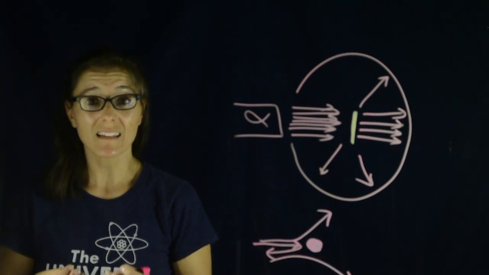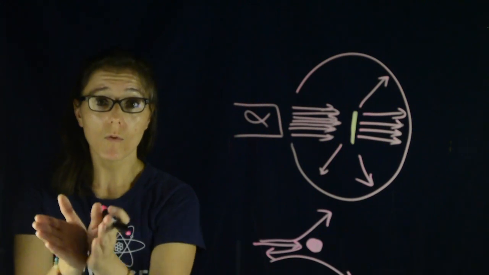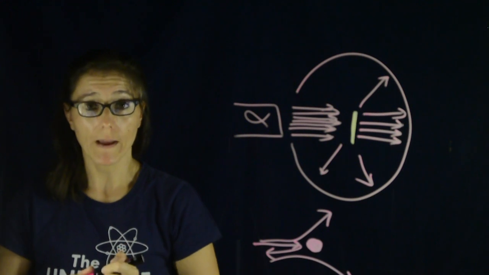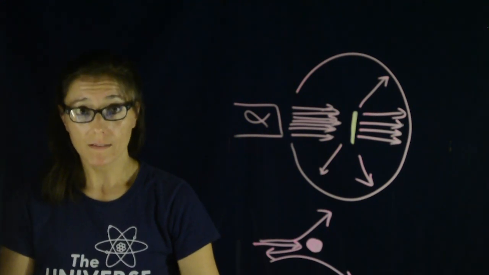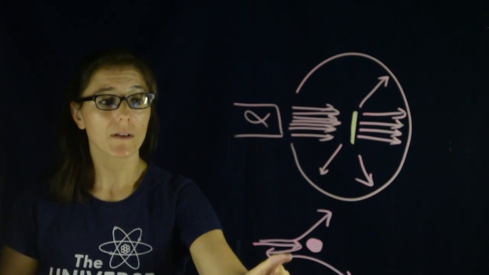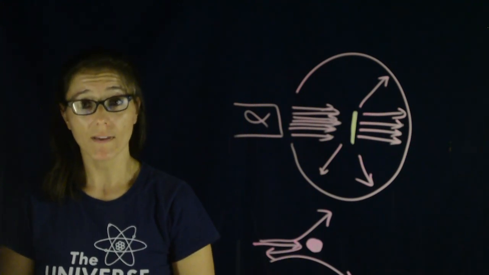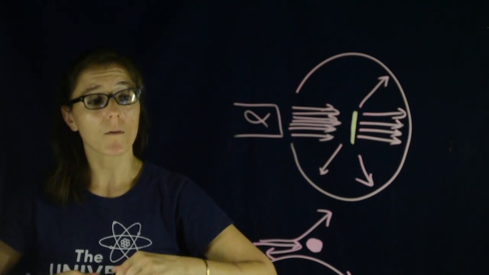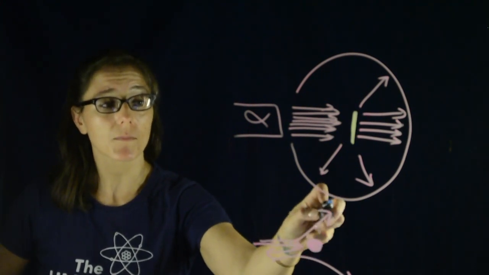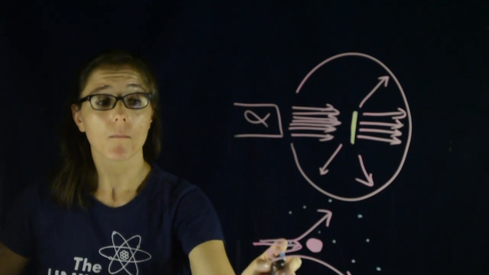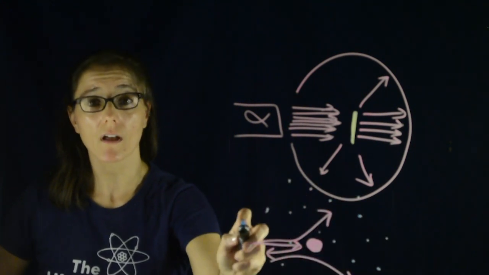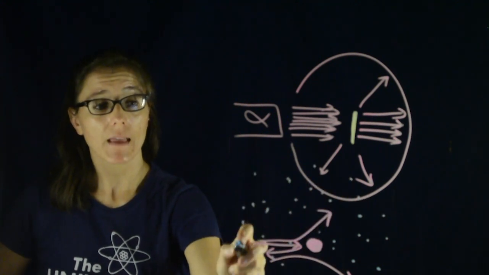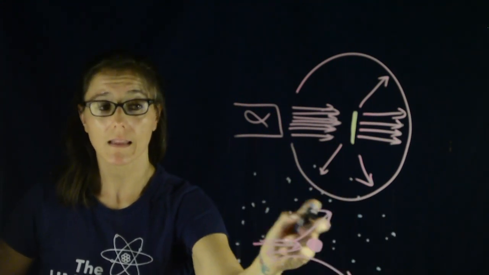That in fact, this dense nucleus was moving the path of the particles around it so that they could continue on their way. So the nucleus is dense and it's positive because it deflected positive particles off of it, yet it allowed the majority of things to pass through. So in Rutherford's model, we have this dense nucleus that makes up the majority of the mass of the atom, but we have this sparse electron cloud that neutralizes the atom and takes up most of the space in the atom.